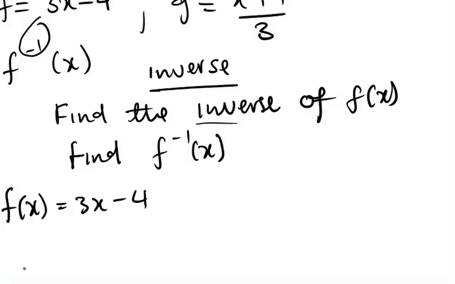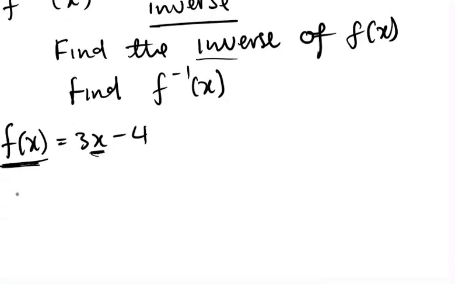If they say inverse, what they want is you make x the subject of the formula. You make this variable subject of the formula. So we replace this f of x value here with any variable.